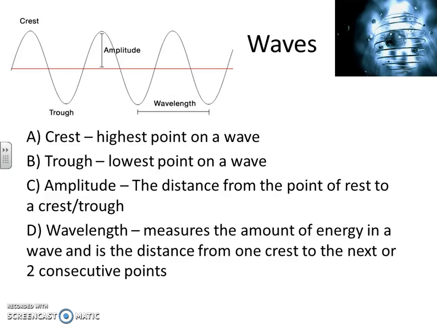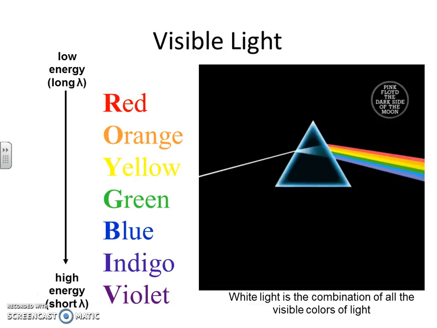So, the next thing after we talk about waves is visible light. Visible light, which is number 9, we will come back to numbers 7 and 8 in the next slide, but number 9 is about visible light. We said it's that small portion, and it goes red, orange, yellow, green, blue, indigo, violet.